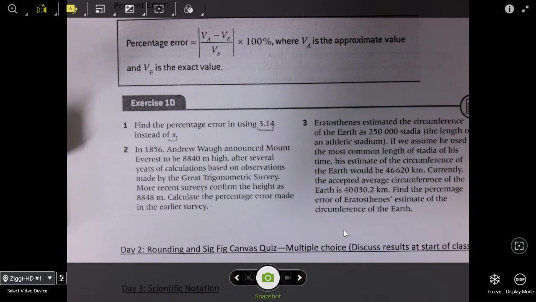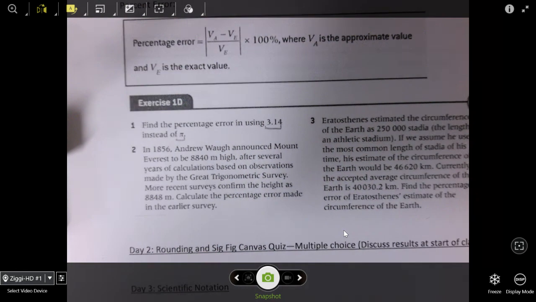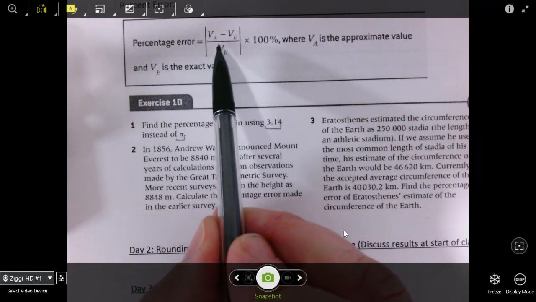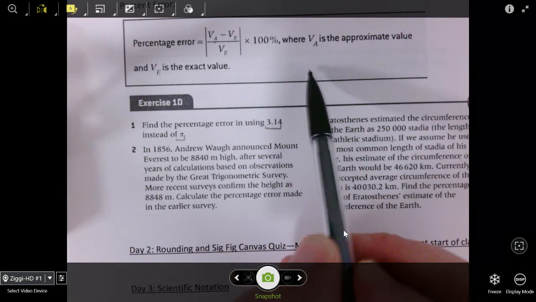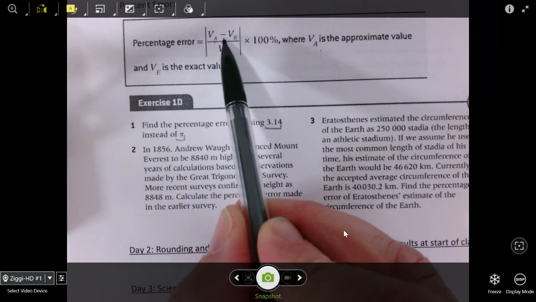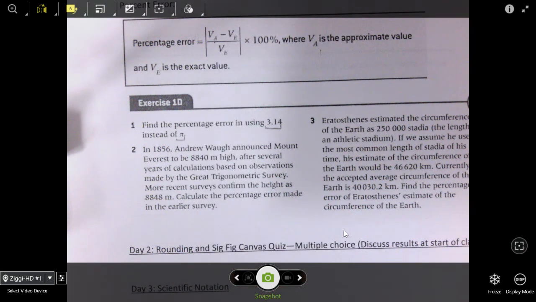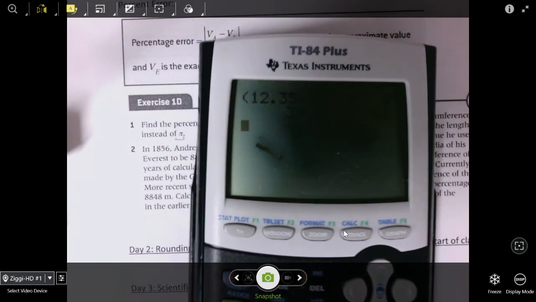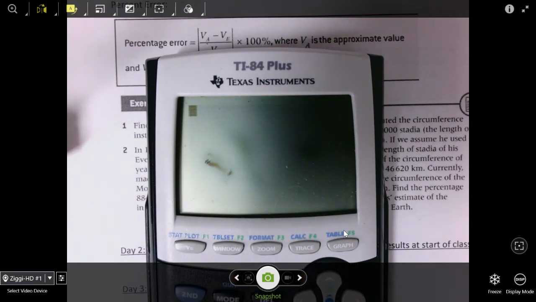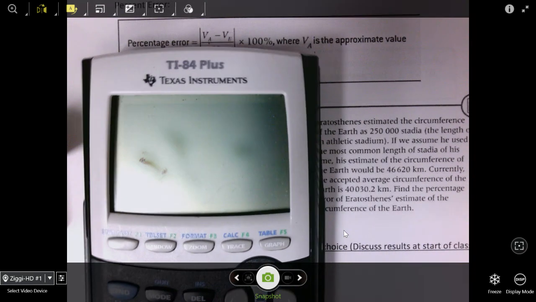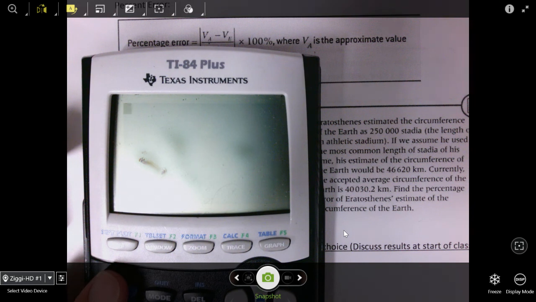And so on my calculator, I have a pi button that I'm going to use. So A is the approximate, E is the exact. So I'm going to subtract those two. So I'm going to take pi, or the approximate, 3.14, minus the exact, whatever pi is saved in here.